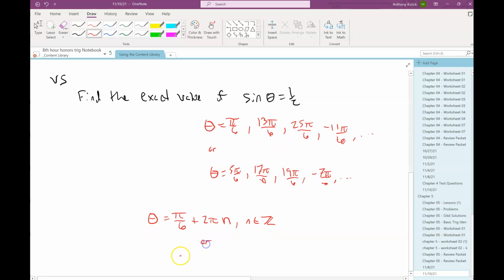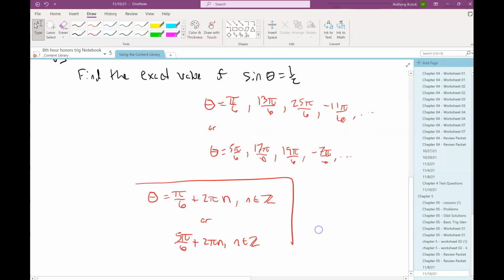So I'm just going to tack that onto the end. And that's what I'm going to say is my answer. So that's how we're going to represent our infinitely many answers.